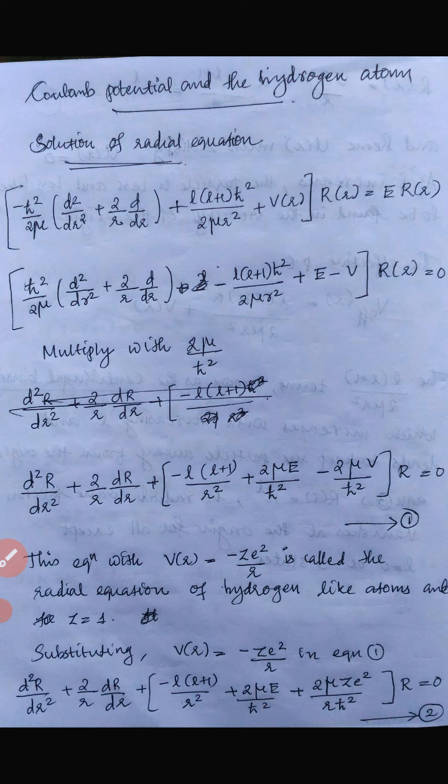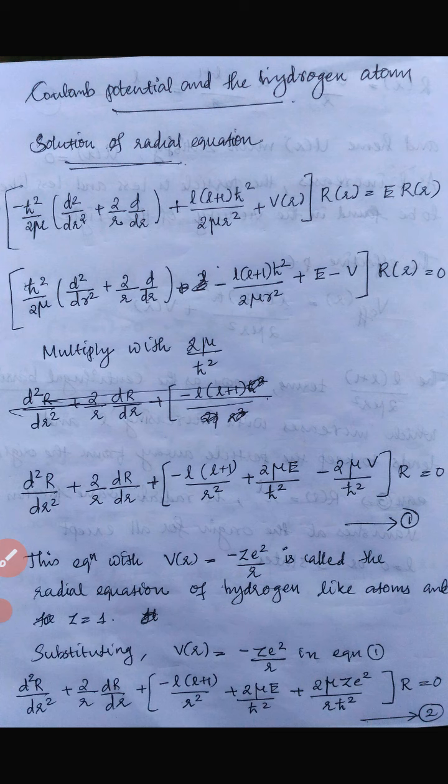In the previous class we discussed the radial equation, that is, minus h cross square by 2 mu times d square by dr square plus 2 by r into d by dr, plus l into l plus 1 h cross square by 2 mu r square, plus V of r, into R is equal to ER.